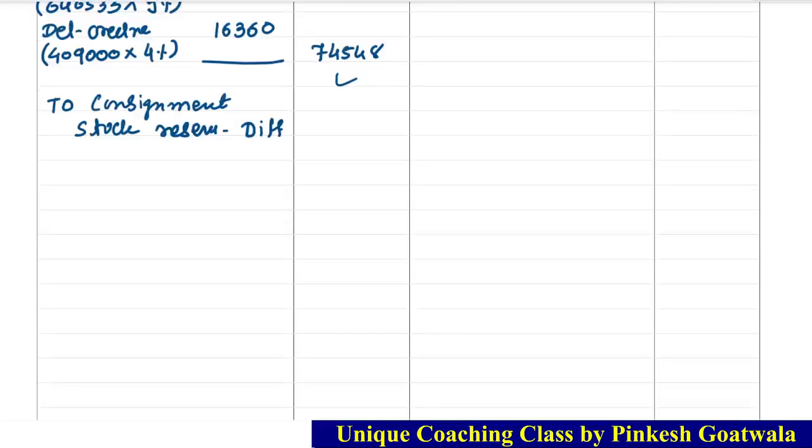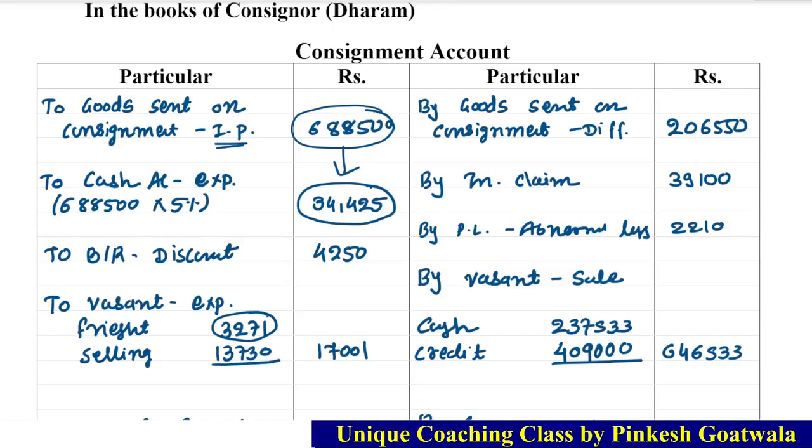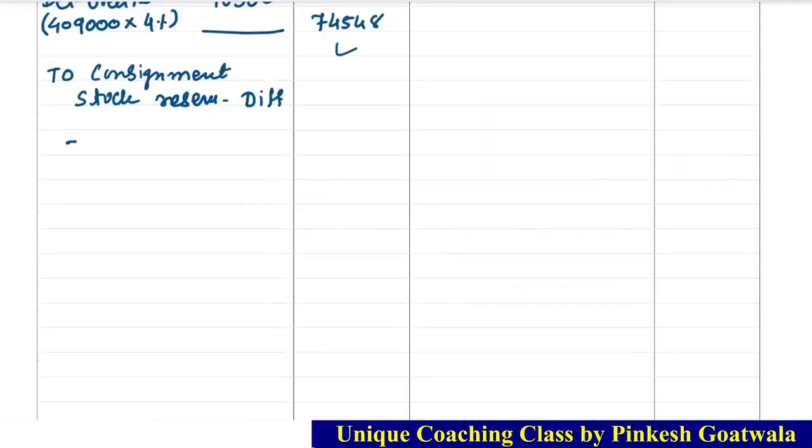So look here: the invoice price of goods sent is 6,88,500, and its difference is 2,06,550. For the goods sent, this was the invoice price and this was the difference.